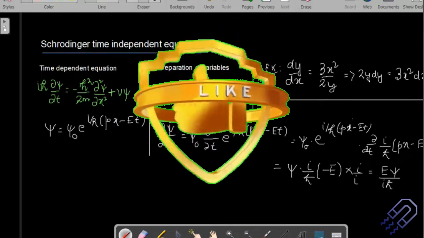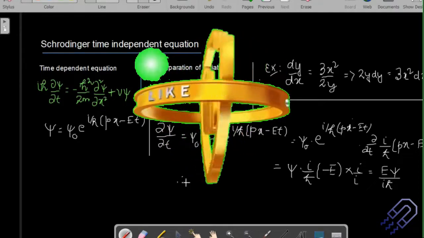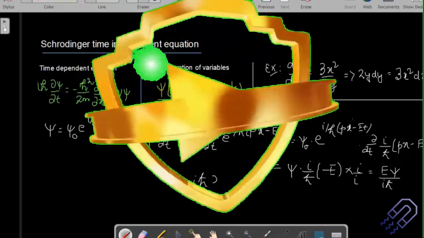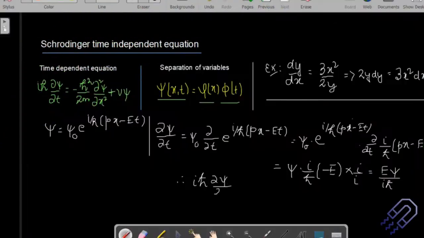Let's cross multiply, so we can say i h cross into del psi del t can be written as E psi. Please note, the psi we are talking about here is a function of both position and time. Let's mark this expression as expression 2, and the earlier one as expression 1.